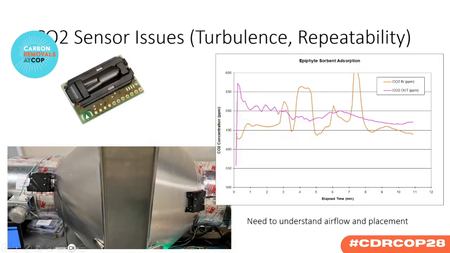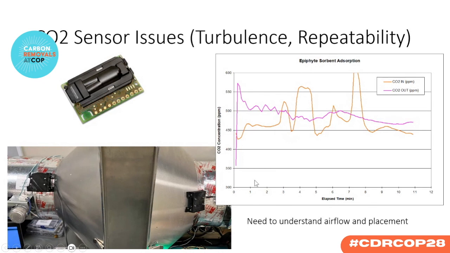And this is the CO2 sensor that we use, and there's another picture showing where it's located. On the input side, it's on the tube of the damper assembly, and on the output side, as air goes from left to right, it's a little closer to where the sorbent panel is.